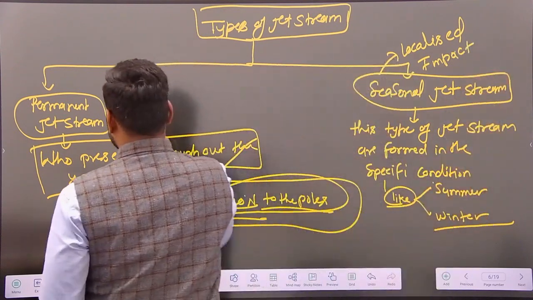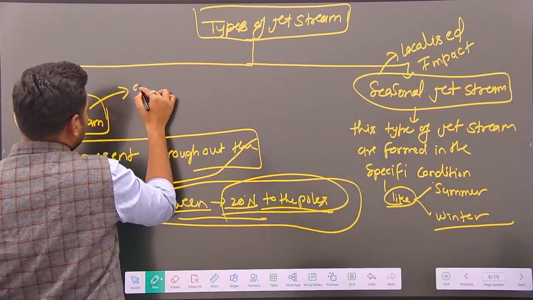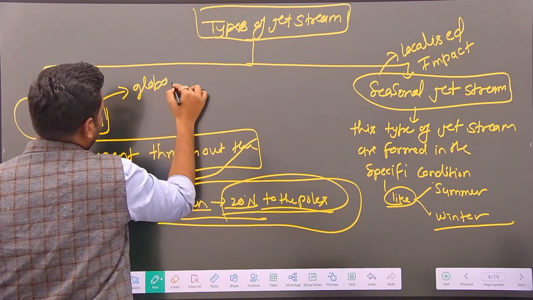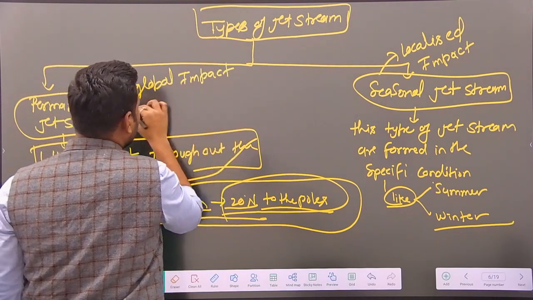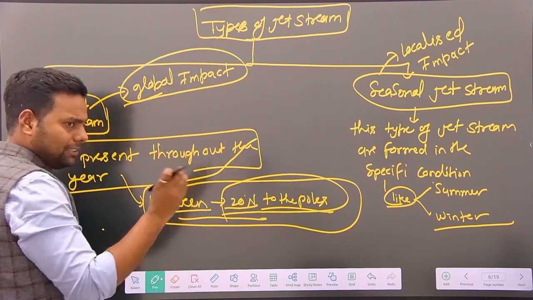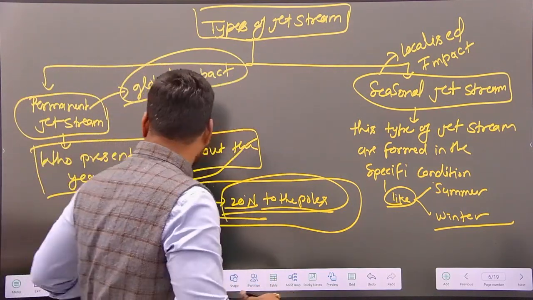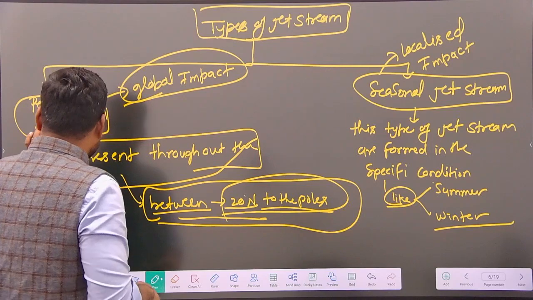Whereas the permanent one has a universal or global impact. There is some kind of difference. I hope that is clear.